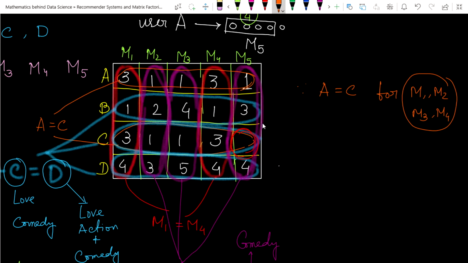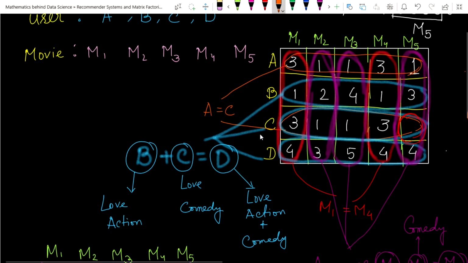So can we not conclude that C must have given the rating 1 for this movie M5? We must conclude that, because for the rest of the movies their choices are equal. So why not? C must have given 1 point for this movie 5. Because of these reasons we can conclude this.